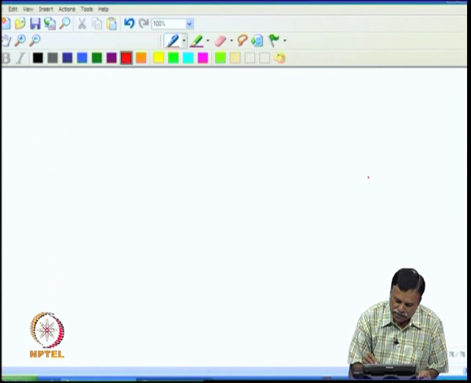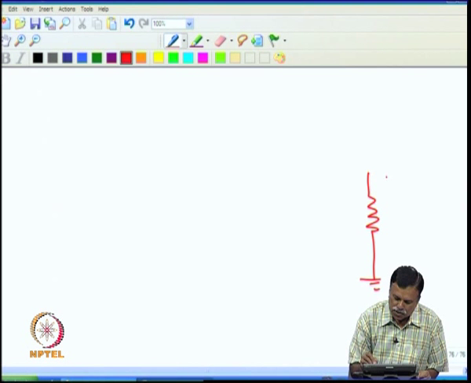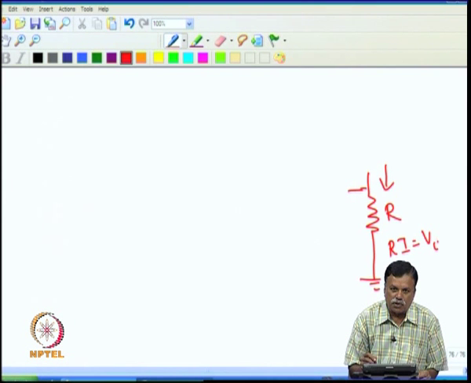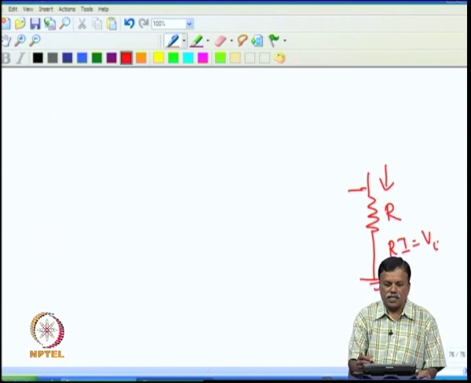For example, we have a resistance, assume some current I is flowing through this. It may be due to a transistor or some other device that current is flowing through this. So, the voltage at this point, with respect to ground, would be R into I, and if the voltage is more than a particular amount, we want to activate the transistor.